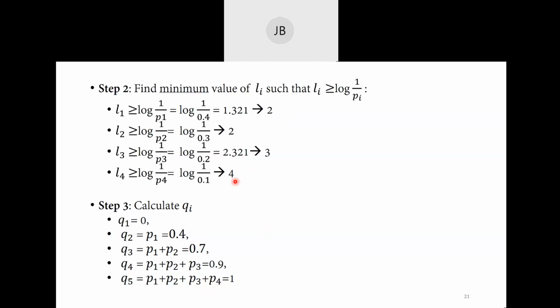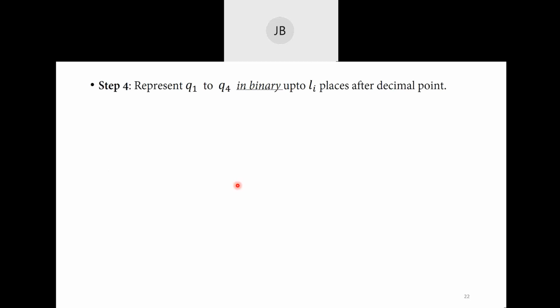Similarly, here we will have four digits after the binary point. Okay, that's what we are doing here. For the first one, its value is 0 in decimal. When we convert it into binary, that's also 0.00. Since the code word length is 2 for the first symbol, we have 2 bits here.